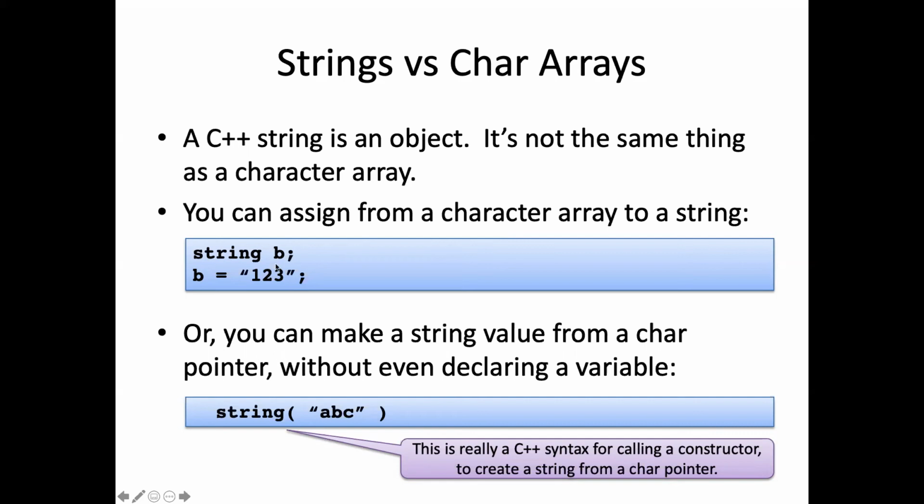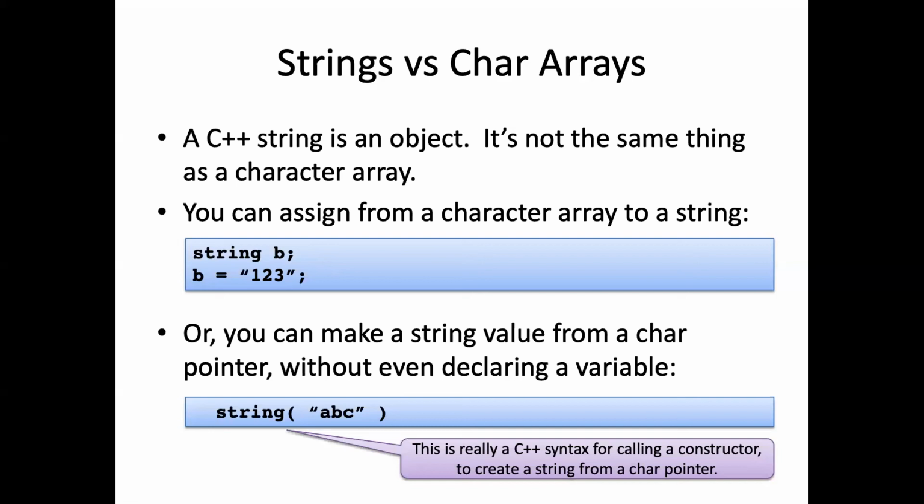If you think about this code up near the middle of my slide, I make an empty string B. It starts out containing the empty string, and then I assign it the string 1, 2, 3. Well, you already know that 1, 2, 3 evaluates to a char pointer, just like it did in C, and it still does. But they've overloaded the assignment operator so that you can assign from a char pointer to a string, and it does what you would expect.